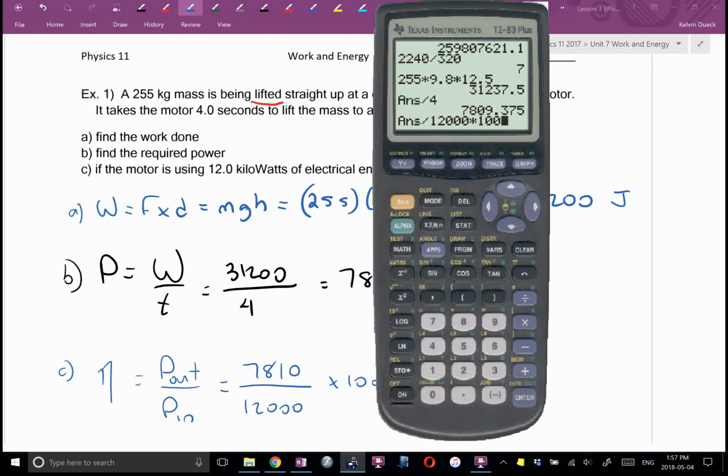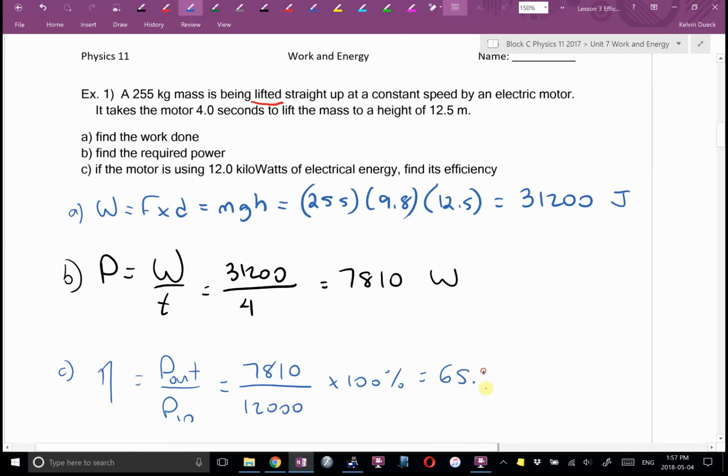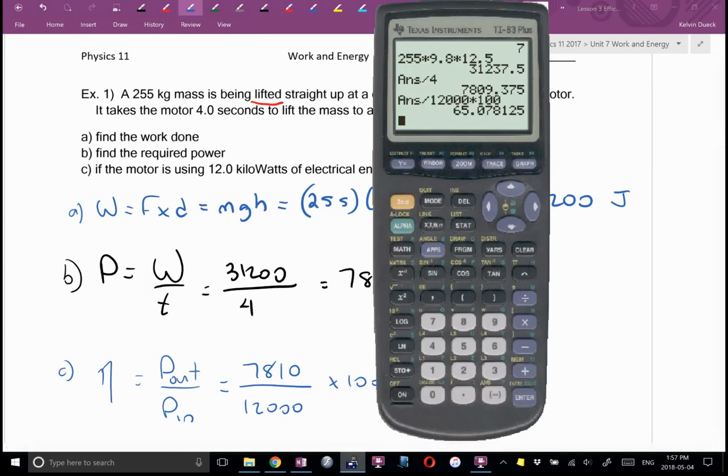And so this motor, printed on the side of it, it would say it was a 12,000 watt motor. Would you get 65.1? Or, to be honest, instead of watts, it would be in horsepower. It's a 16 horsepower motor. That's where I cook these numbers up from.